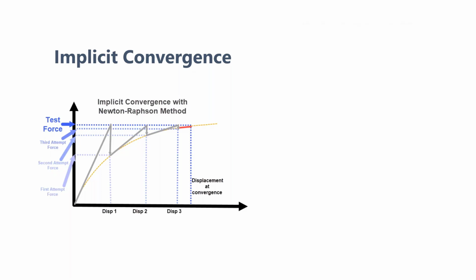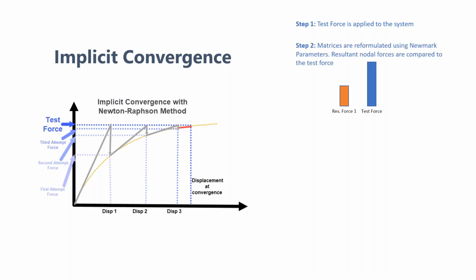Essentially you apply a test force to your system. Then the matrices that describe your system are reformulated using what are called Newmark parameters. And you end up with a new set of displacements, velocities, and accelerations from where you started, and a new equilibrium force for those nodes.